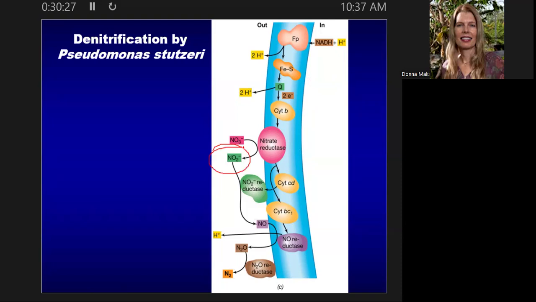I'm going to keep pushing it further into more of an electron transport chain. So what you see here is it just keeps going and going until you end up with N2O. Is that nitrous oxide or nitric? I can always forget those two. As the terminal electron acceptor. And then the end product is N2, dinitrogen gas.